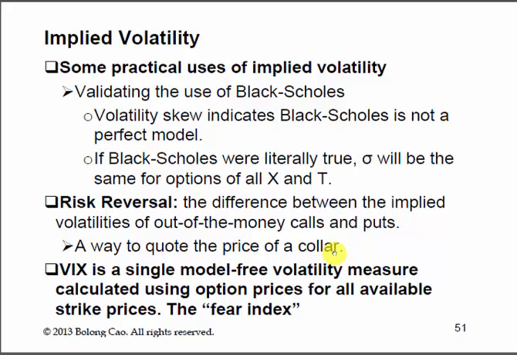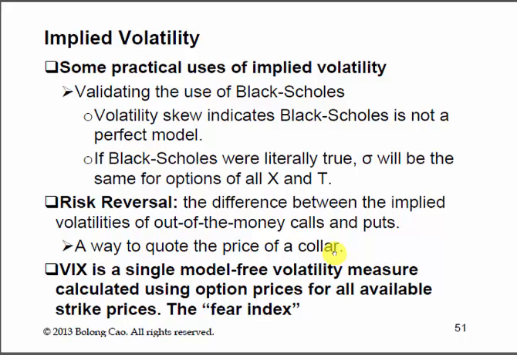If you don't remember what a collar is, it's basically a so-called range forward, and it gives you by and large a short exposure that can help you protect your long position. Basically, you write a call and buy a put, both out of the money, and that gives you a range in which you can enjoy the upside of your underlying.